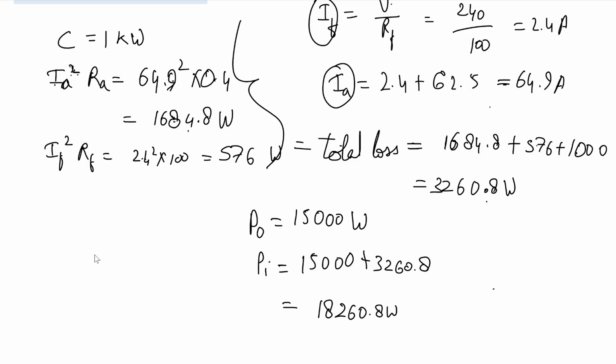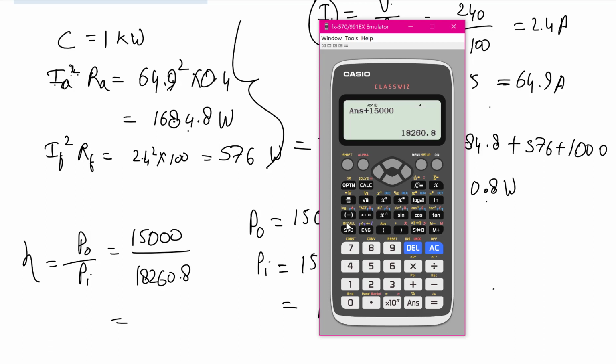So efficiency is P output divided by P input, which is 15,000 divided by 18,260.8, into 100, which is 82.14%.